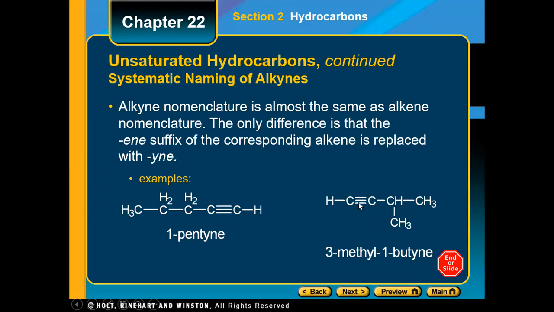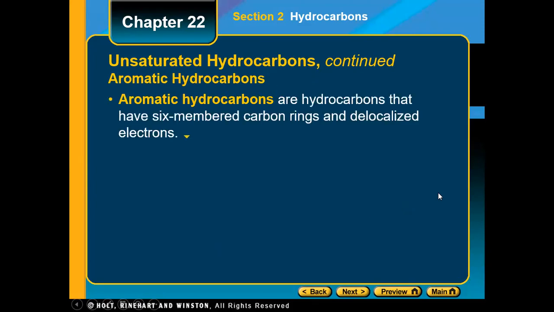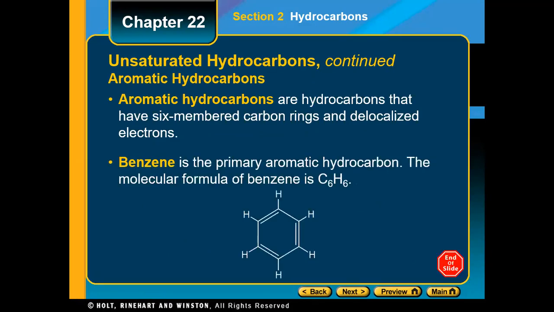And that's just because of the triple bond that you have there. That's the only difference between the alkenes and alkynes. Now, I'm not even going to give you examples on that because it's just the same thing. And yes, if you have more than one, you know that you can state it in the name.